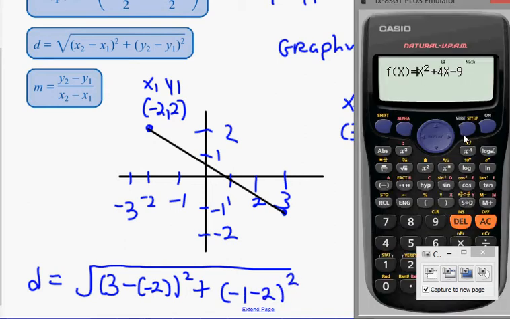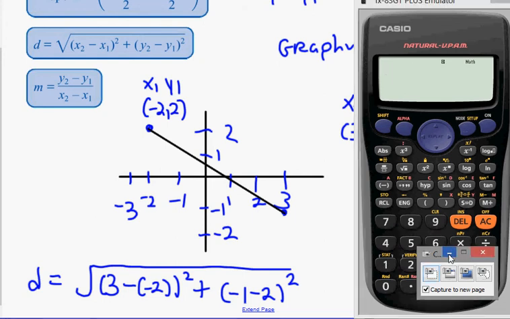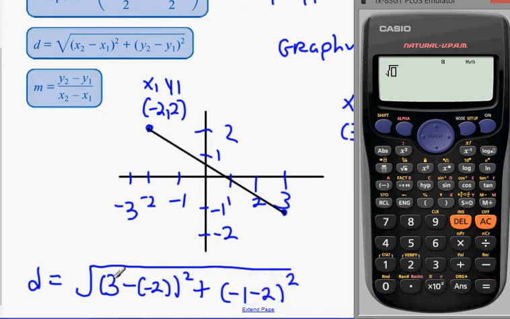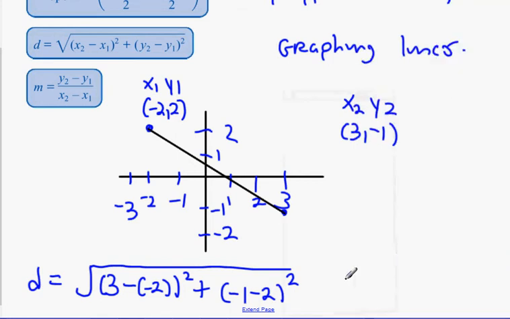Some of you can be quick with the calculations, it'll speed everything up. So it's going to be 5 squared, which is 25, plus -3 squared, and you're going to get root 34. Is that right? Root 34, or if you want to change into decimals, 5.83. Okay, that is your distance done.